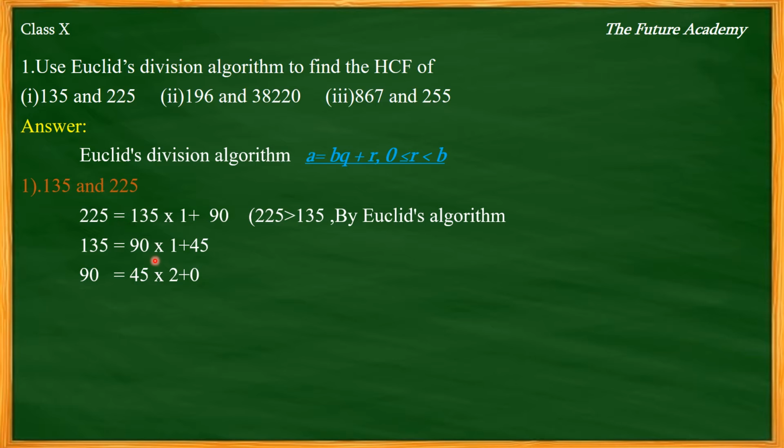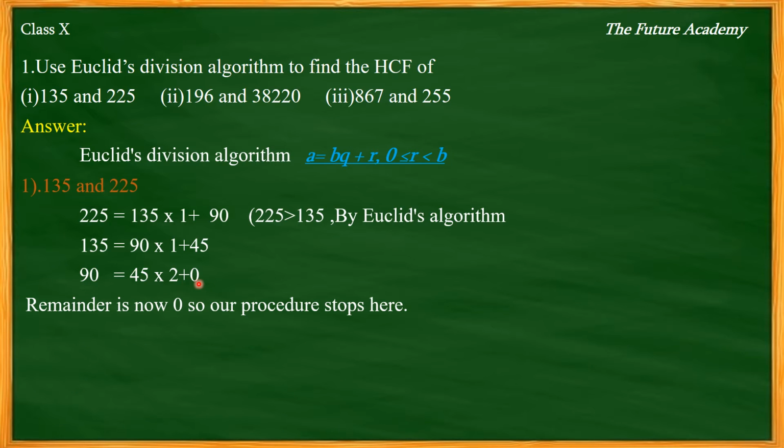Now this 90 will become the dividend and this remainder 45 will become the divisor. We have 2 times 45 in 90. So we can write 90 is equal to 45 into 2 plus 0. Now the remainder is 0 and the procedure stops here.